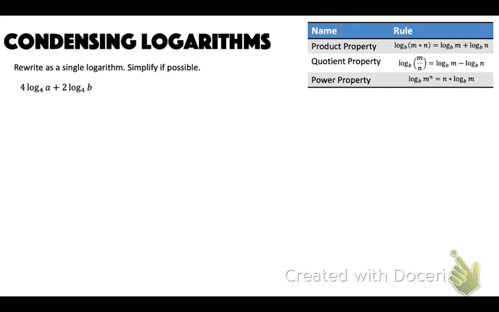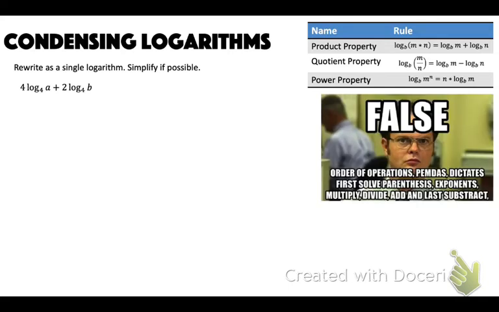The first thing I'm going to do here is the power property. We're going to use order of operations still: parentheses, exponents, multiplication, division, addition, and subtraction. This would technically fall under exponents, so I'm going to move those first.